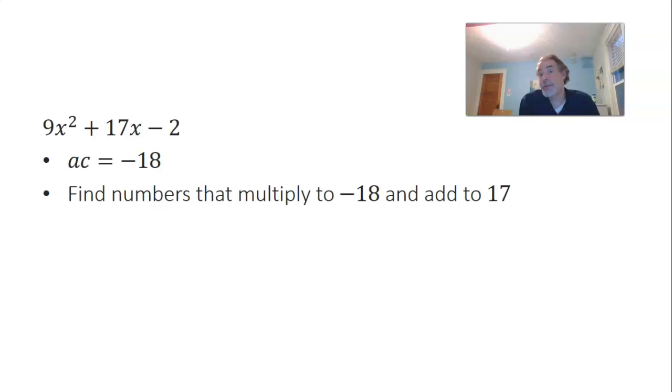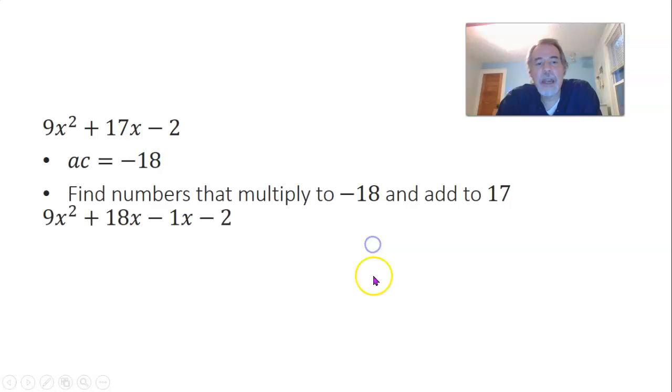That means one of them has to be positive and one has to be negative, and add to positive 17. Okay, those numbers would be a positive 18 and a negative 1. So I can take this plus 17x and write it as plus 18x minus 1x. I use the positive 18 and the negative 1 to break up that middle term. Now I'm going to factor by grouping.